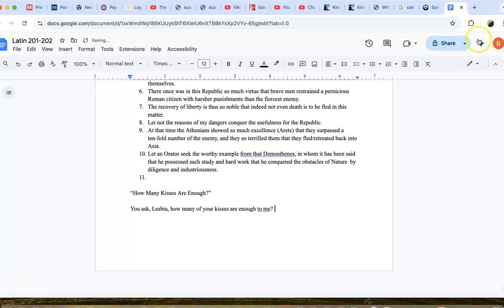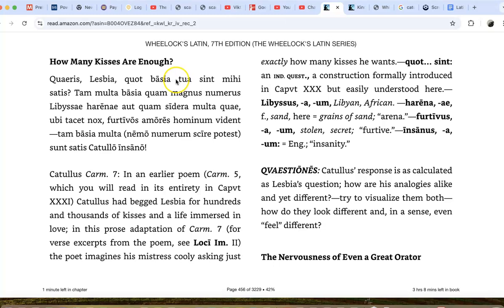Literally are enough to satisfy me. Again, I'm going to keep my translation somewhat literal just to explain the grammar. So you ask Lesbia how many your kisses are enough, and then literally to me. And then tam is one of our adverbial intensifiers.